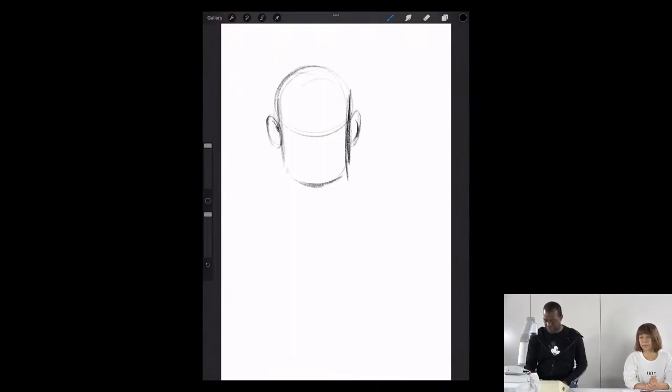All right. This is going to change depending on how the head is moving in space, obviously.